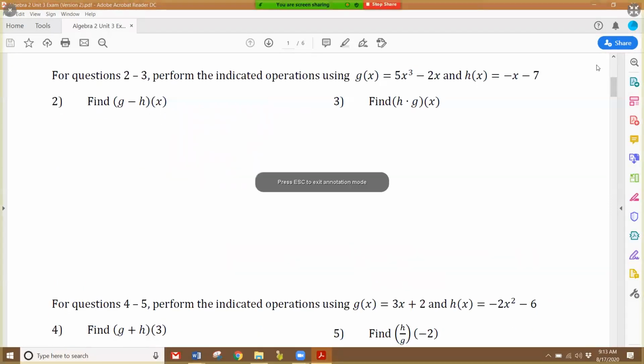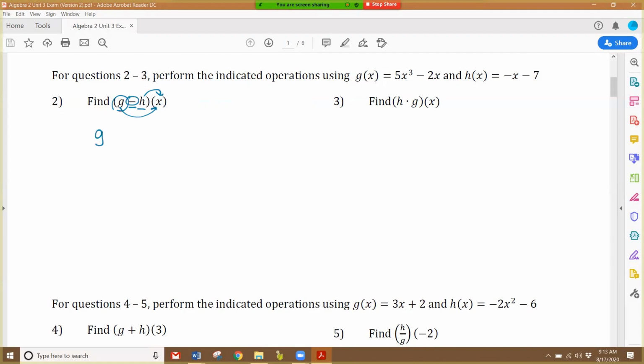For questions 2 and 3, we're asked to perform the given operations, and we're given two functions, g of x and h of x. For the first one, we're asked to find g minus h of x. It doesn't really matter in this case because we're not plugging anything in. We're just going to take g of x minus h of x.